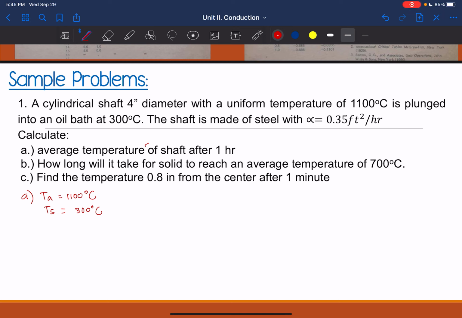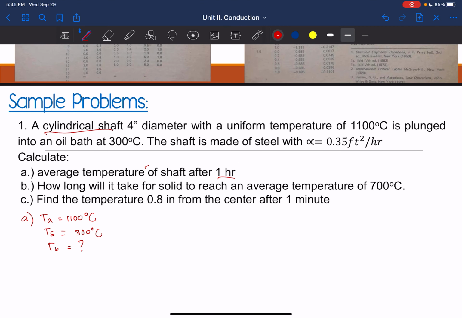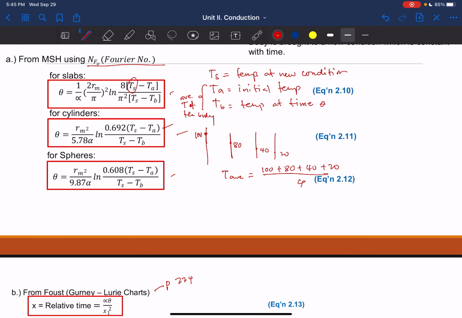And that is your TB. It's the new temperature of the body, right? At time, 1 hour. Now, since I have here a shaft, what equation will I use? It is for cylinders. Ang cylinder ay this equation.